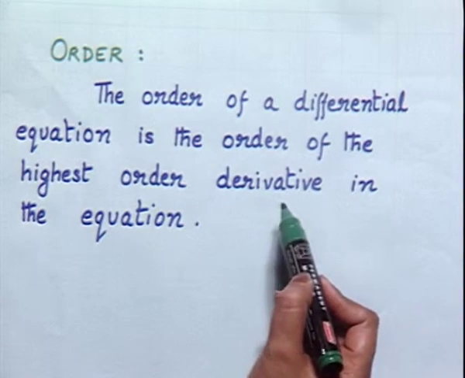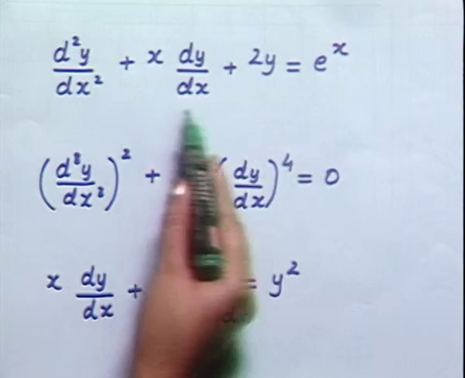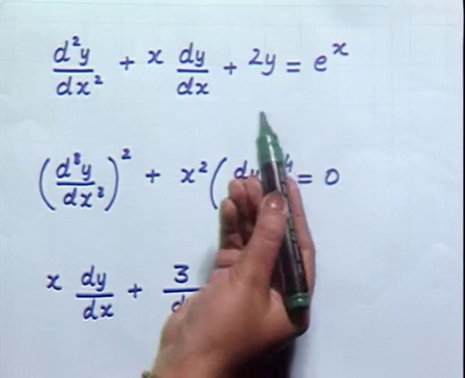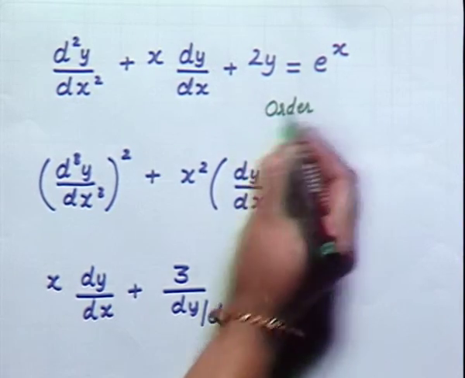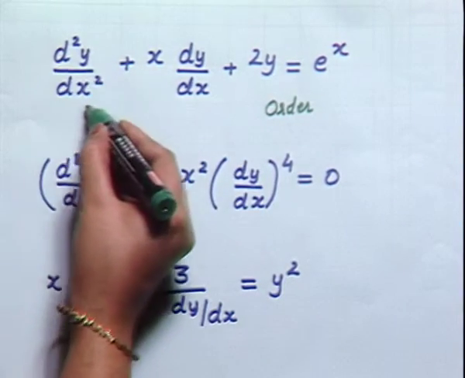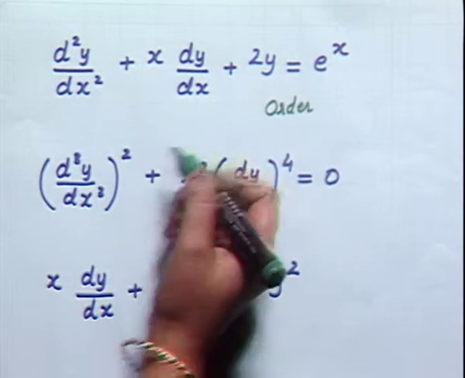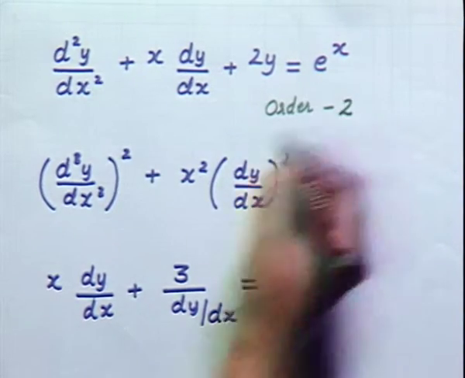When you have the highest order derivative, it's easy to locate. Take a look at these examples and see if you can decide on what will be the order of this equation. Obviously, the order can be easily identified because you have the second order derivative appearing as d2y by dx2.